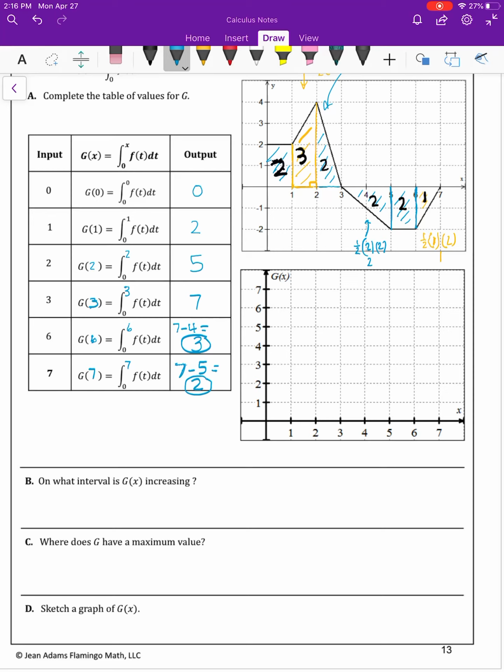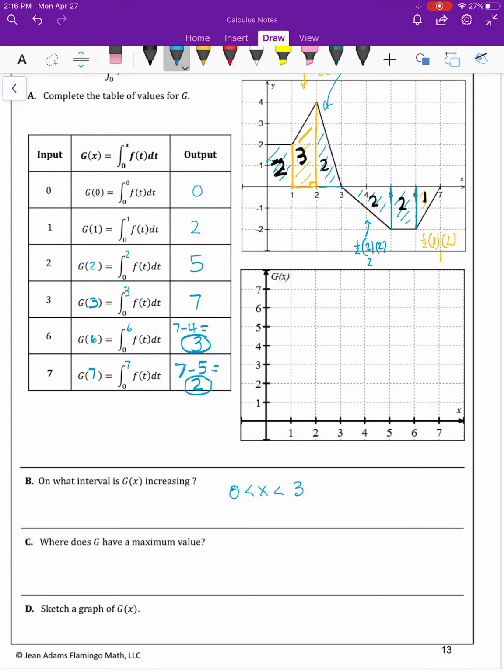Okay, so it would be increasing on the interval from 0 to 3. Okay, so you see how that area under the curve is increasing as you go, but once it hits 3, now it's going to start decreasing. You could have also written it using interval notation 0, 3.